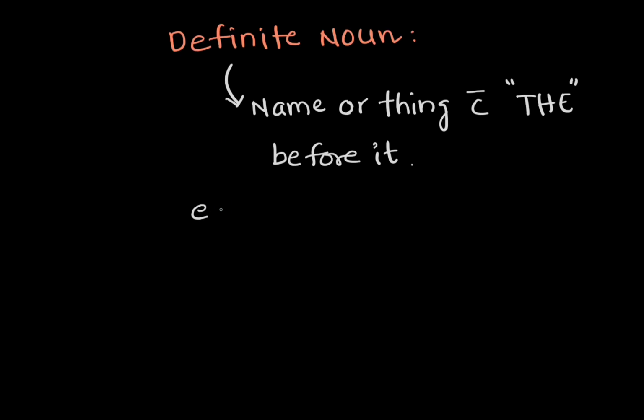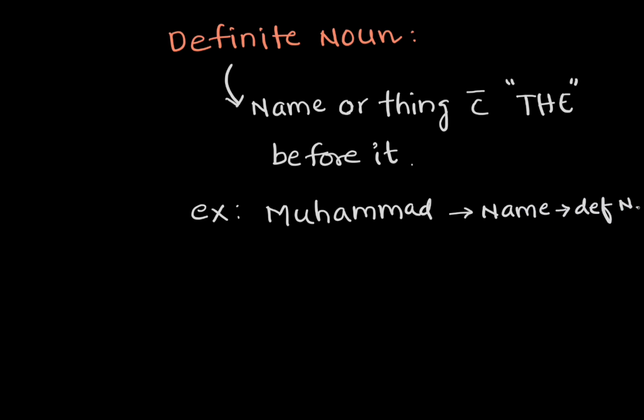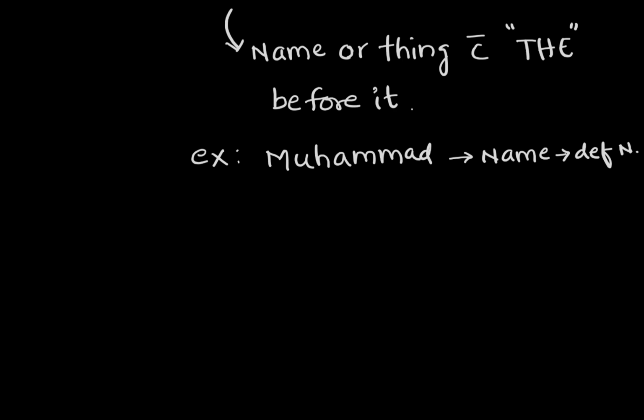Let us take an example. Muhammad is a name, so it comes under a definite noun. Or a definite noun can be a thing, suppose the pen or the man.